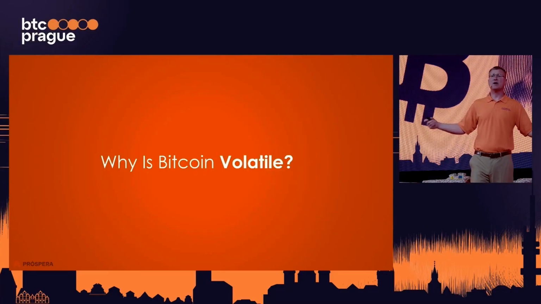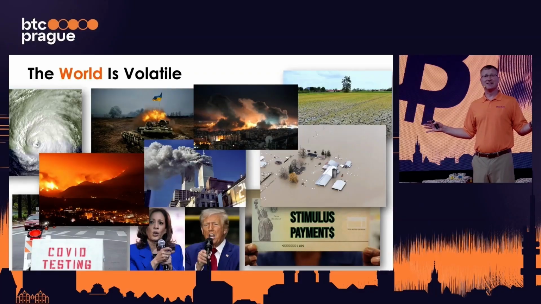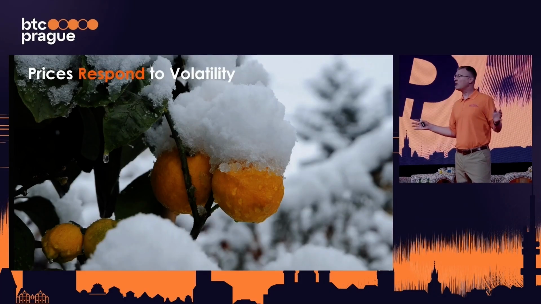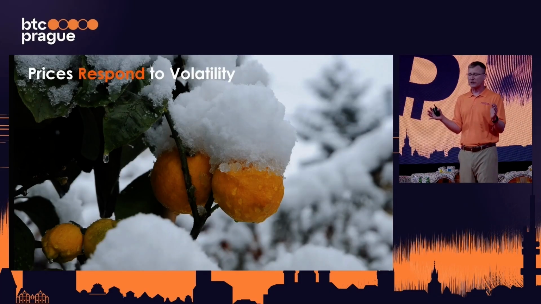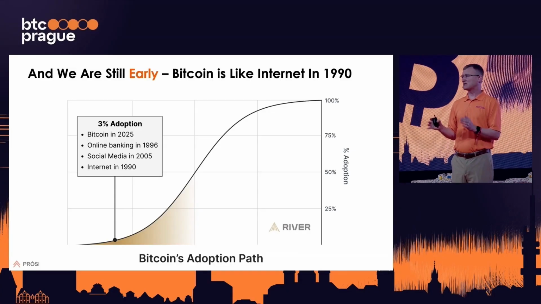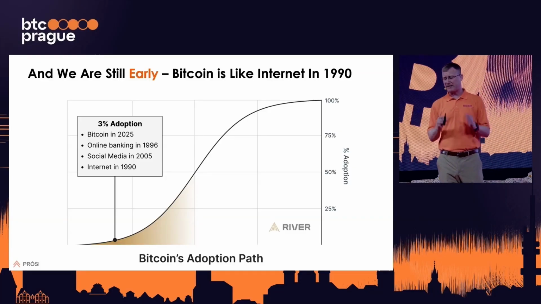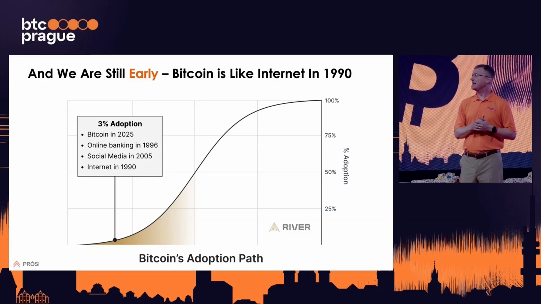Why is Bitcoin volatile? Well, newsflash, the world is volatile. And prices of everything in the world respond to what the world is doing. And we are still very early in the adoption cycle of Bitcoin, similar to the very early days of social media, online banking, and the internet.